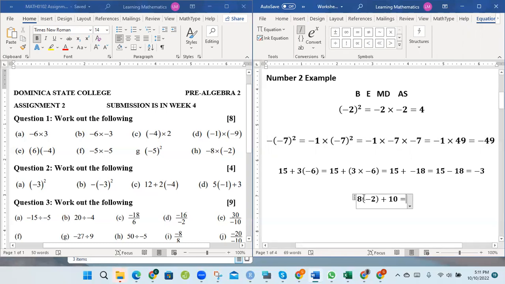You must multiply before you add. 8 times negative 2 plus 10. 8 times negative 2, that's negative 16. Plus 10, now we're ready to add 10.